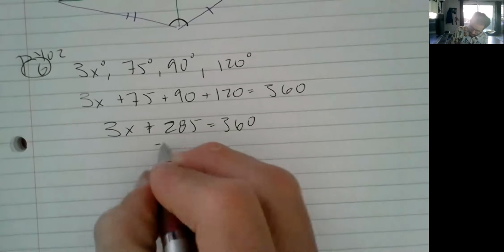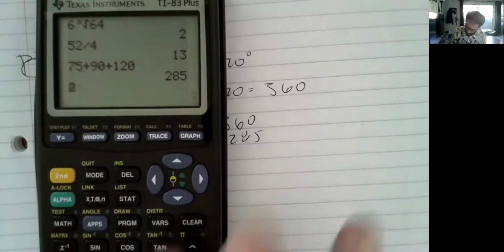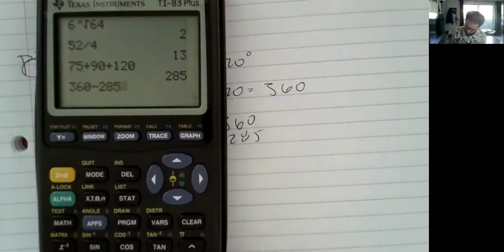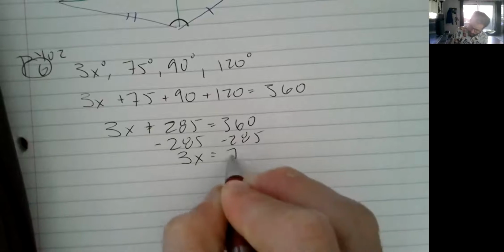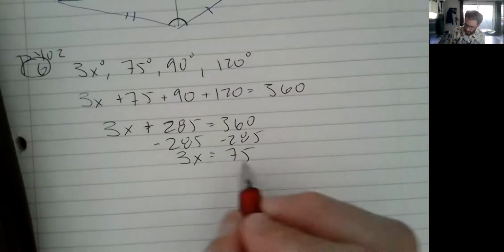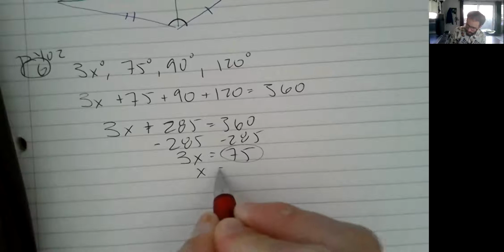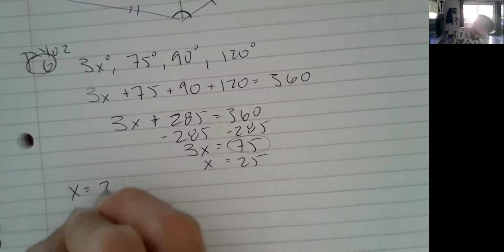Let's take away 285 from both sides. Oh, well, there you go. All right, so we know what 3x is equal to. It does, however, say find the measure of x. So let's divide by 3. So x is 25. All right, great. We know that x is 25.